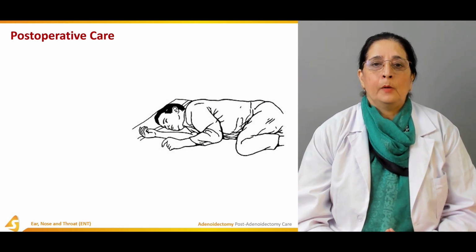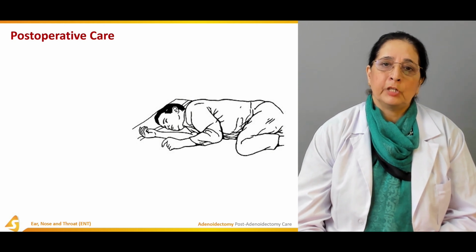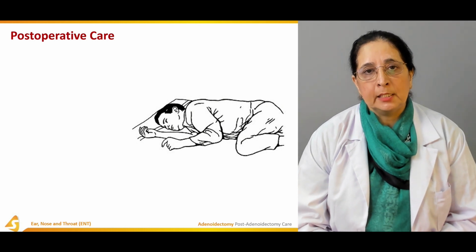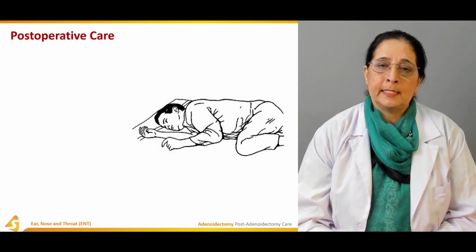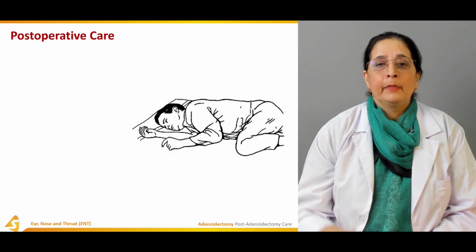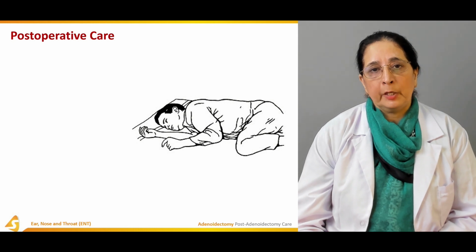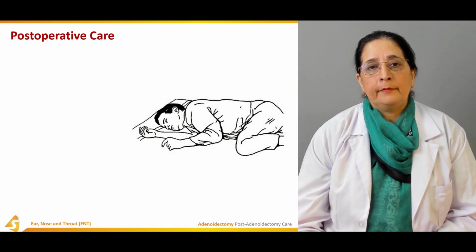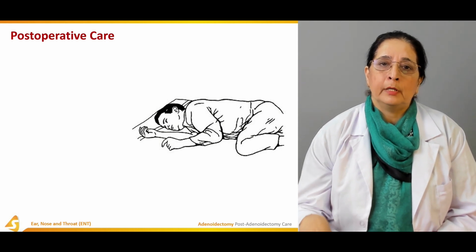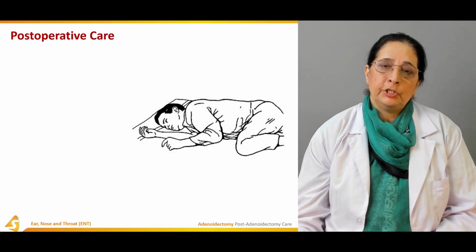The most important complication that can occur is obstruction to the breathing, and that needs to be treated on an emergency basis if other treatment options are not effective, or if patients are getting frequent infections and health problems, they need to go for adenoidectomy.